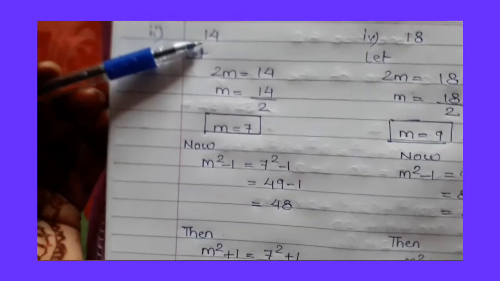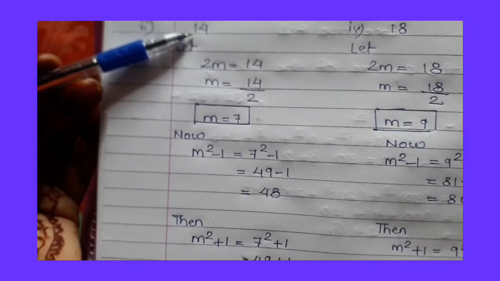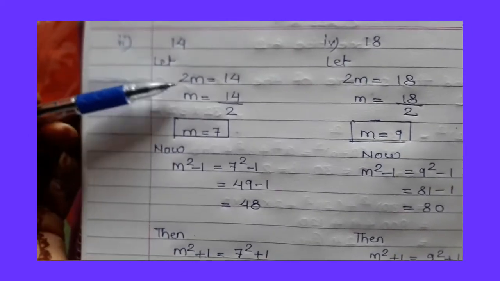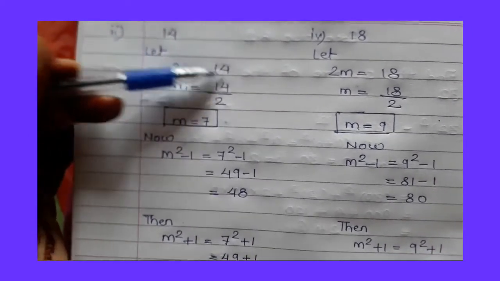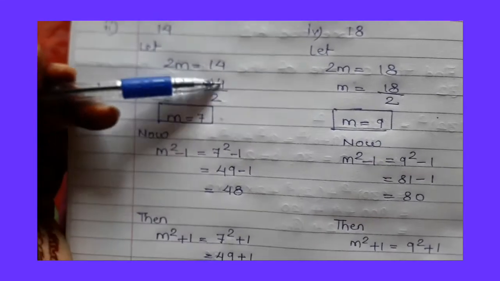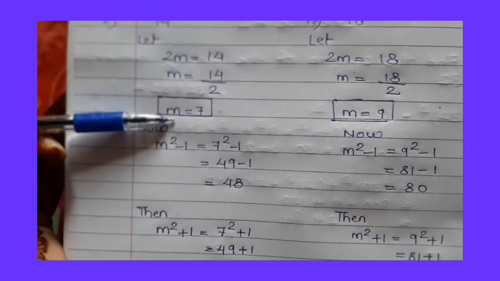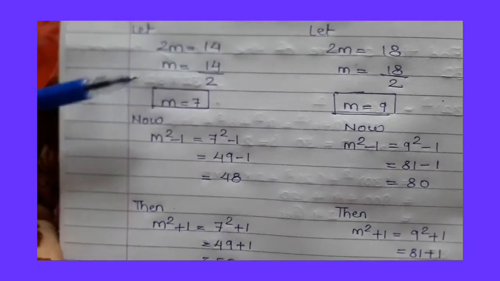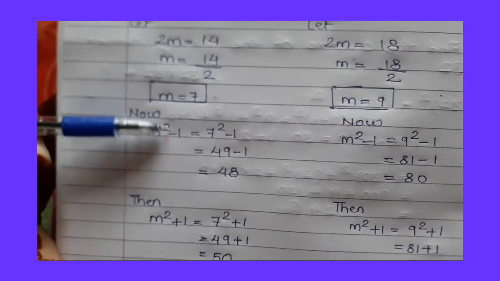Then next part, question number part 2. Here you are having value 14. One of its member is 14. So again let us suppose 2m is equals to 14. When you transpose this, 14 divided by 2, so m is equals to 7. Now remaining member, that is m square minus 1.